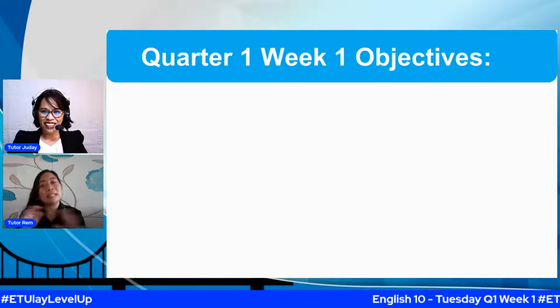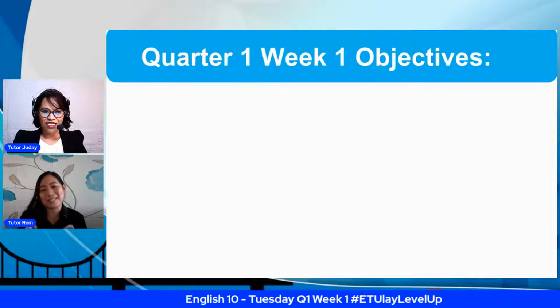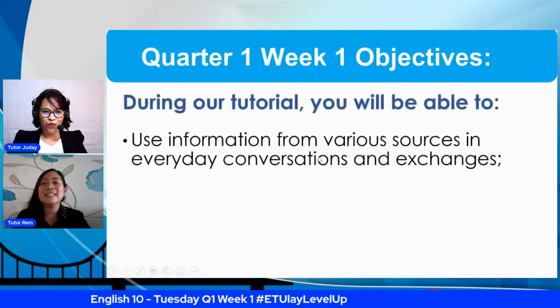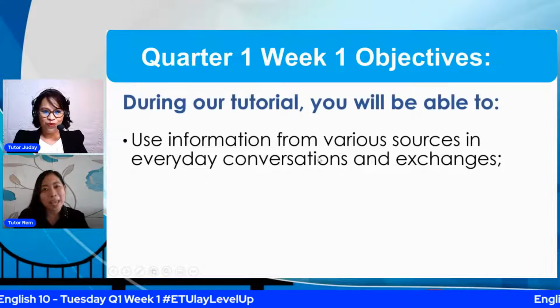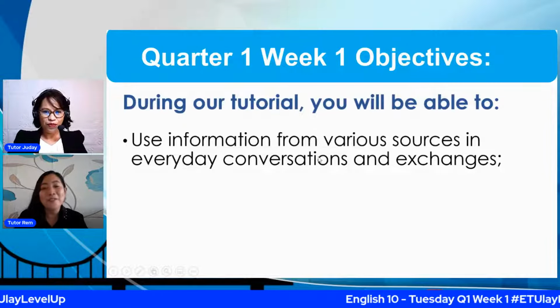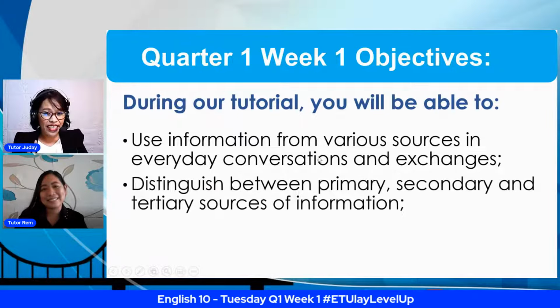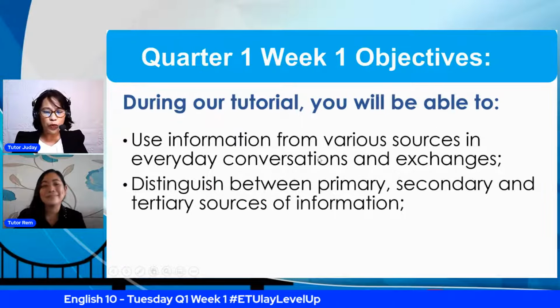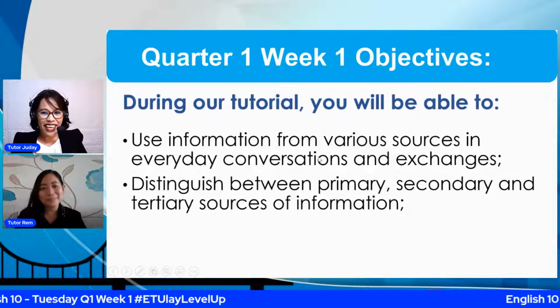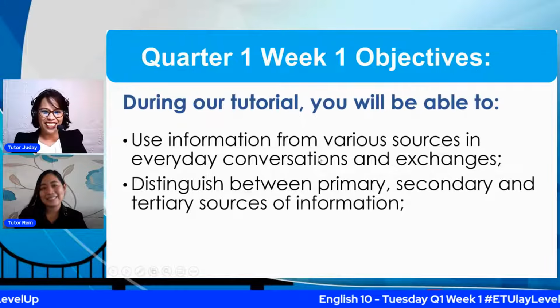To reach our destination, we have the following objectives. First, you will be able to use information from various sources in everyday conversations and exchanges. Second, we're going to distinguish between primary, secondary, and tertiary sources of information.